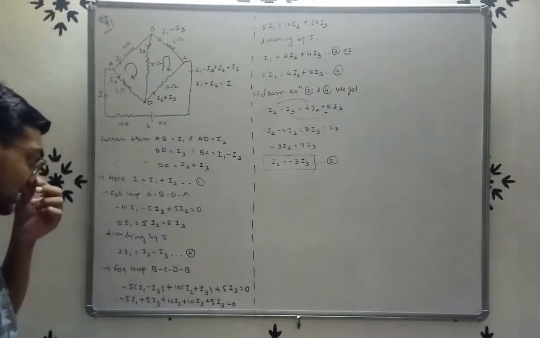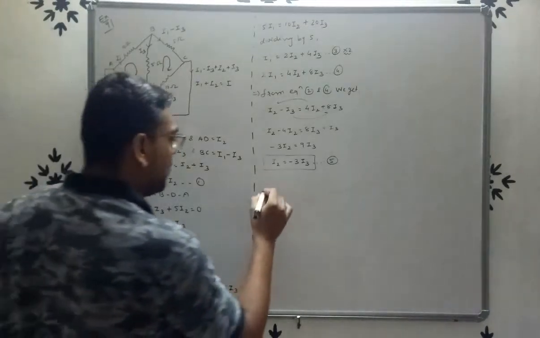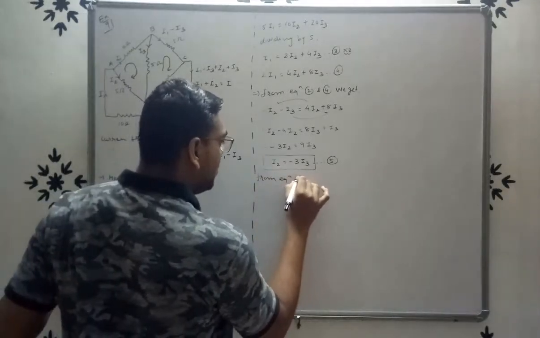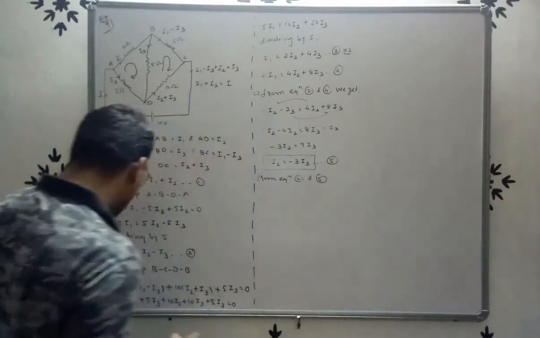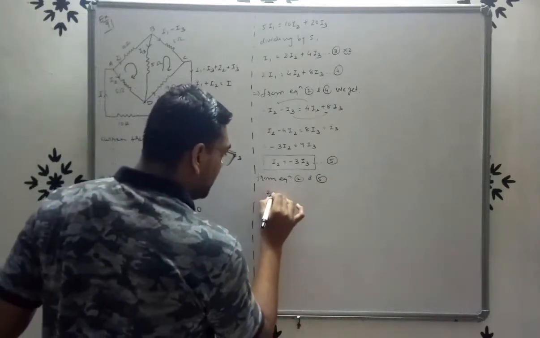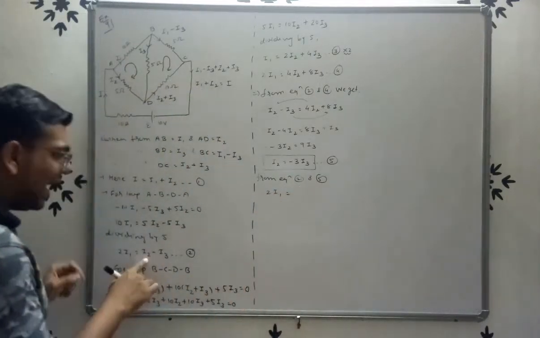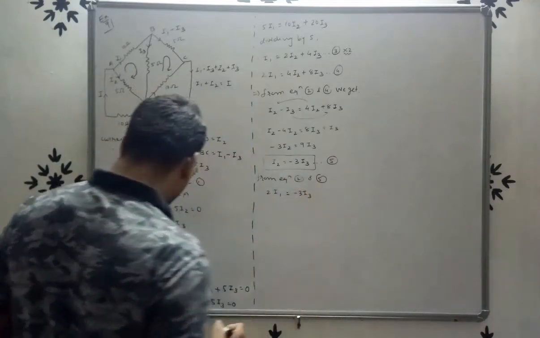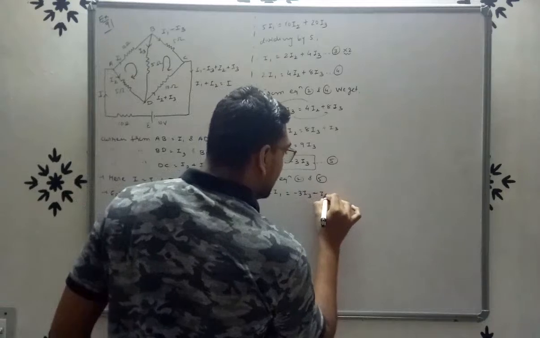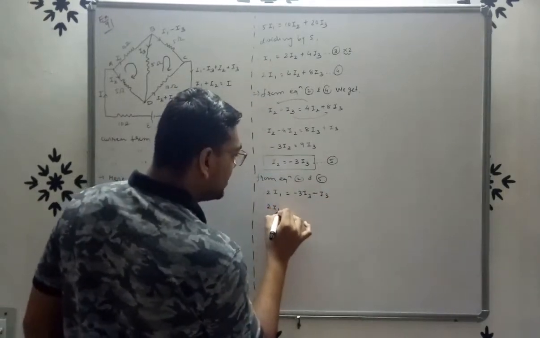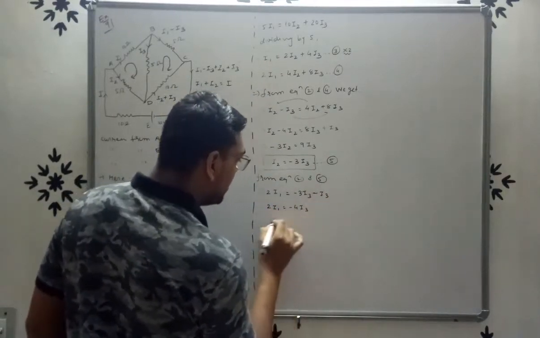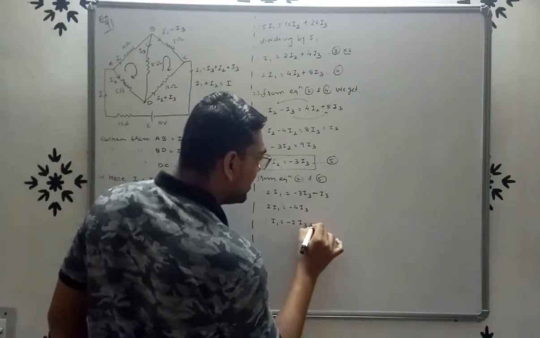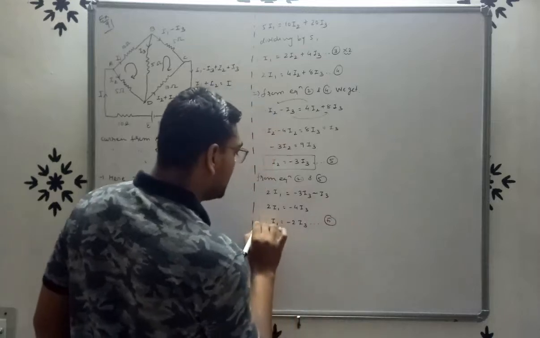So from equation 2 and 5, what we get, friends? 2I1 is equal to I2, but the value of I2 is minus 3I3, minus I3. So we get 2I1 is equal to minus 4I3. So I1 is equal to minus 4 by 2, that is minus 2I3. That is equation number 6.